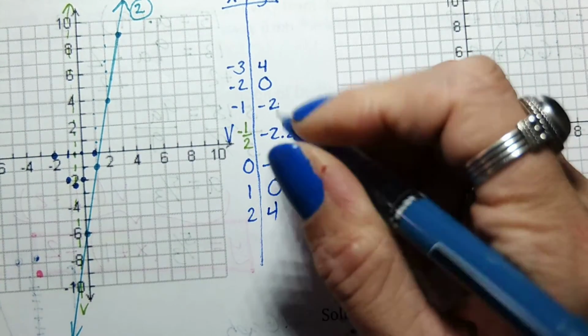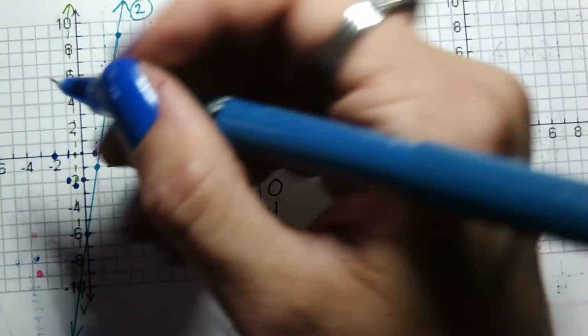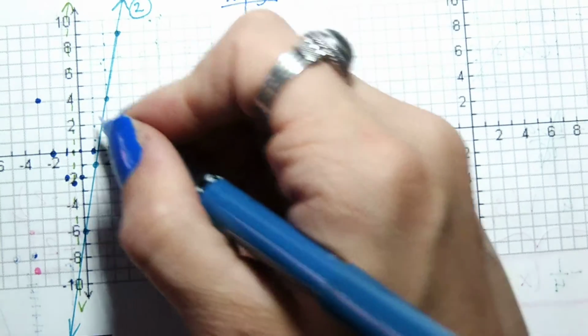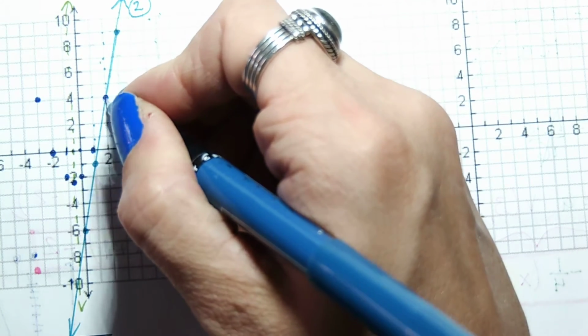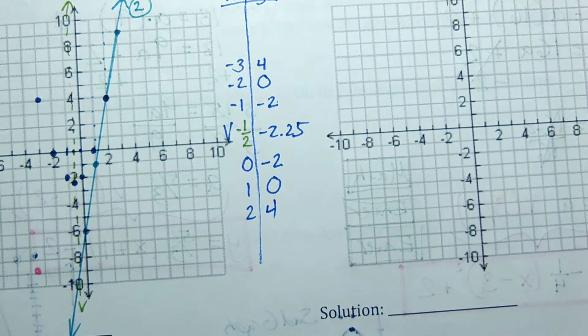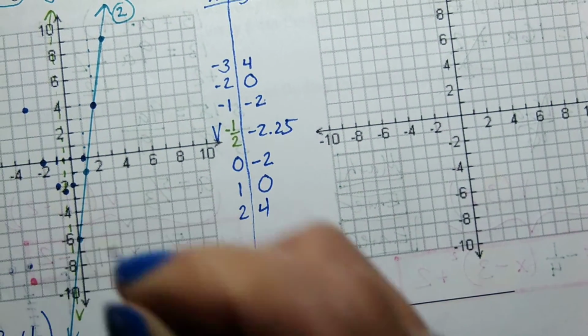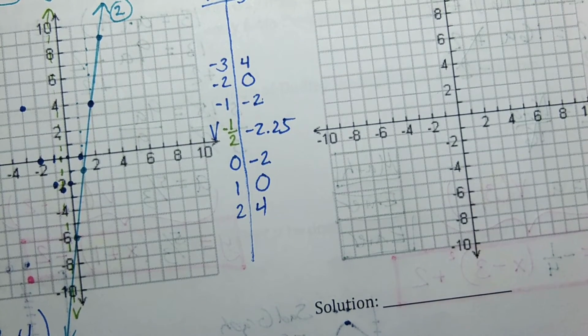So -3, 4, and 2, 4. So -3, 4, boop, and 2, 4. Hooray! So that is exactly where that quadratic is hitting that line.